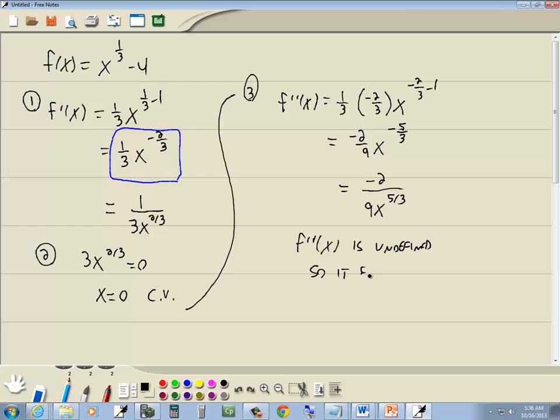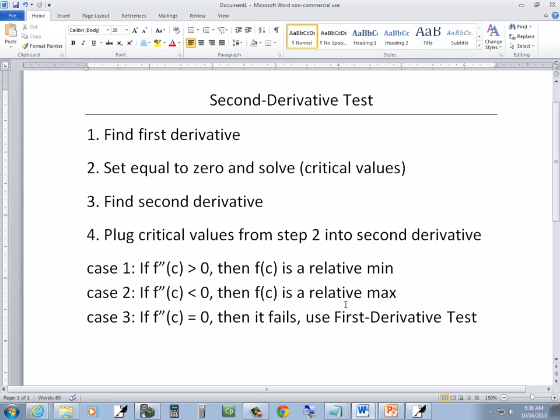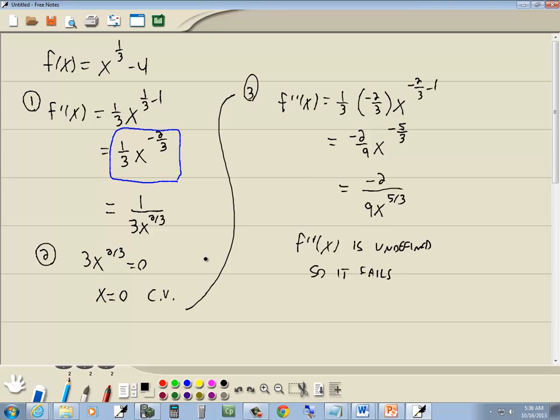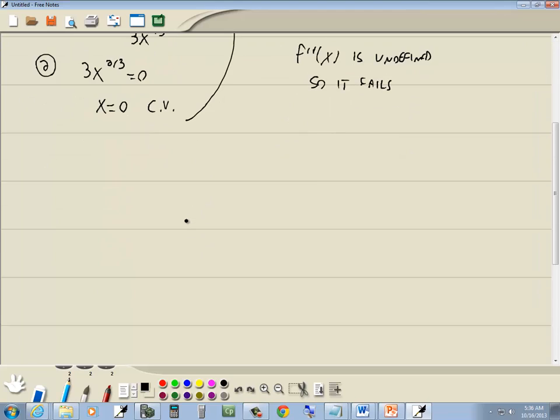You cannot use the second derivative test. Now there are 2 times when it fails. That's the first one, and the other one is where your f double prime of your critical value is equal to 0. So we have to use the first derivative test. So let's start over. This helps point out why I don't like the second derivative test. It doesn't work all the time.